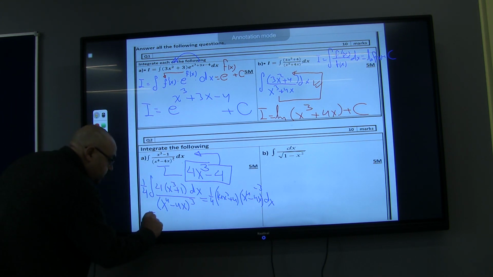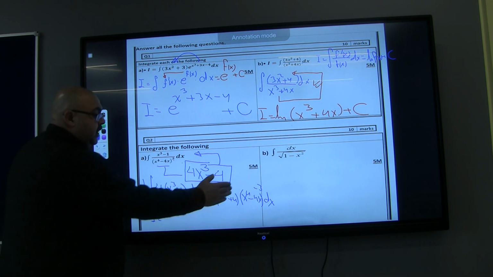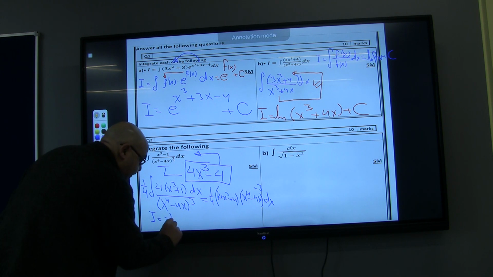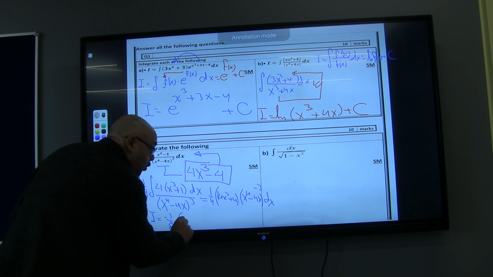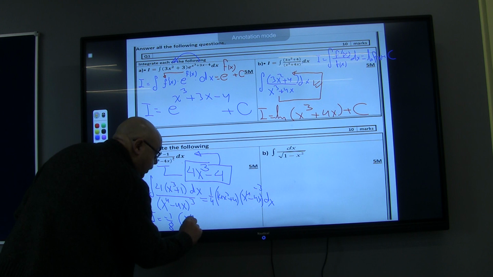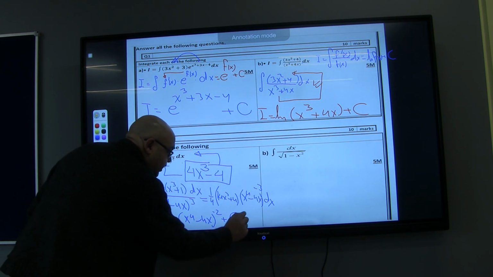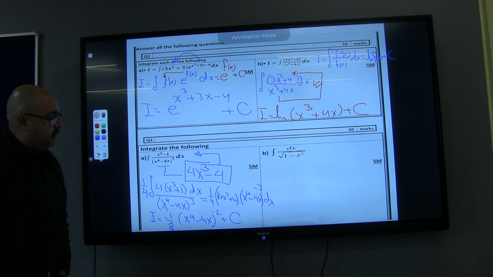The final result will be I equal to, adding positive 1 on negative 3 is going to be negative 2, so you will have negative 1 over 8 for x to the power 4 minus 4x to the power of negative 2 plus a constant, and you are done from this problem.